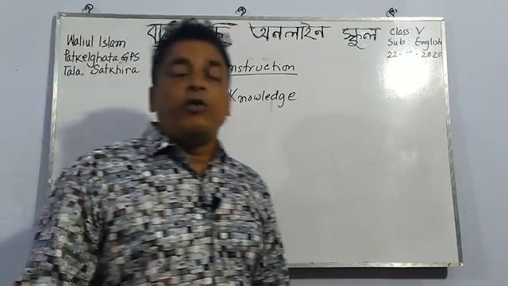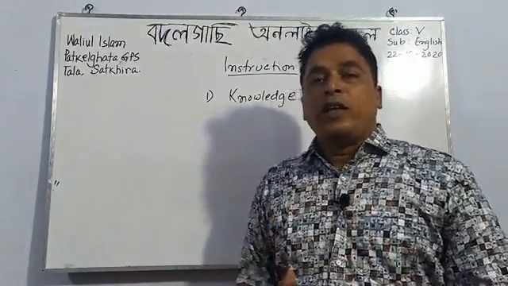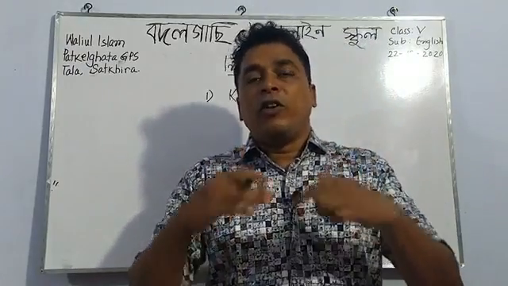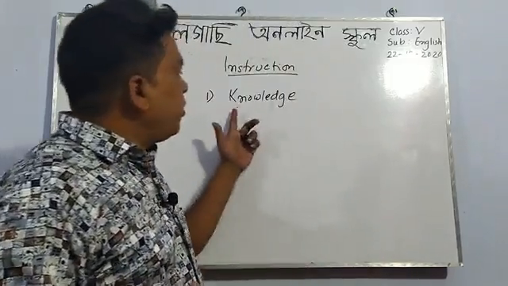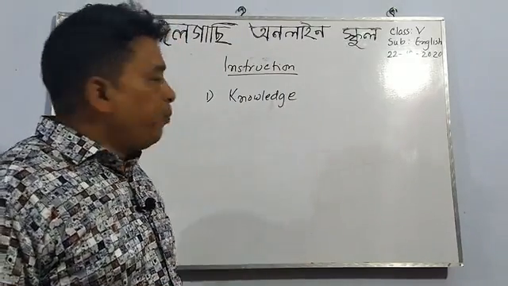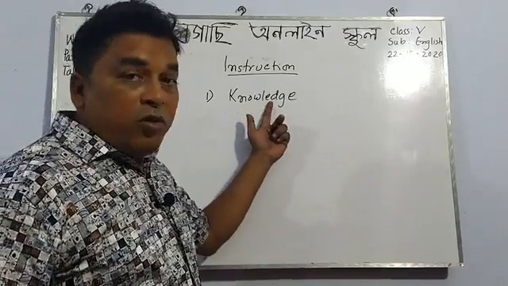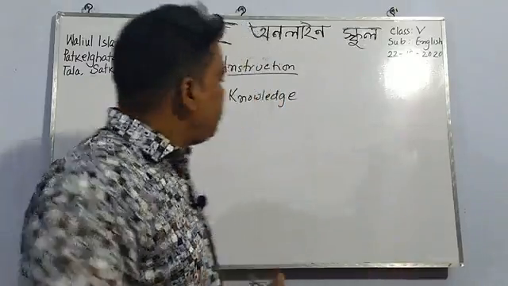Knowledge is what you know before about that thing or person or matter. What is your knowledge about that matter? That is knowledge. And we see the answer to a knowledge type question directly in the instruction.